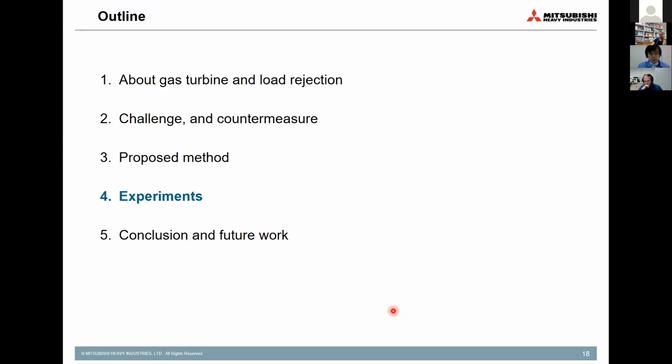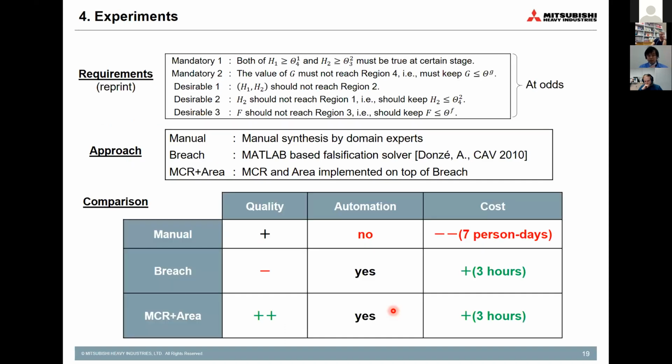And now we show the result of parameter synthesis. Let me recall our problem. Our problem is a parameter synthesis under two mandatory requirements and three desirable ones, and they are at odds. In this section, we report the result comparing two baseline approaches.